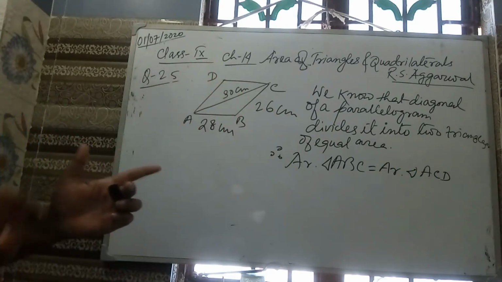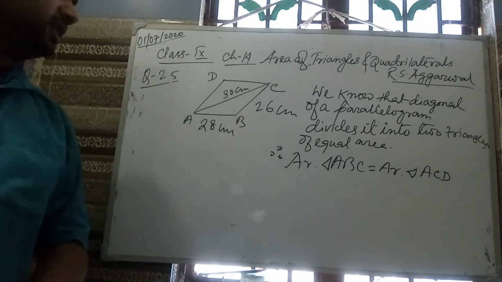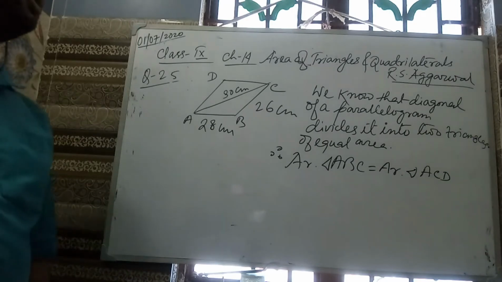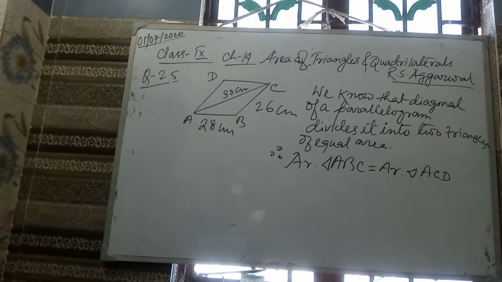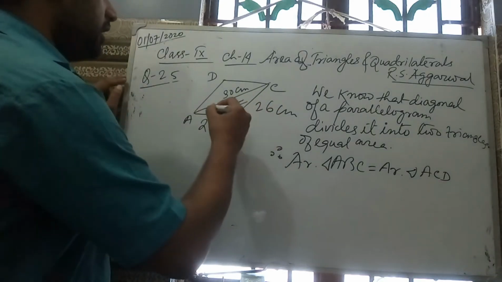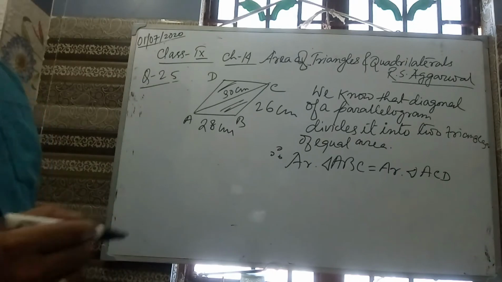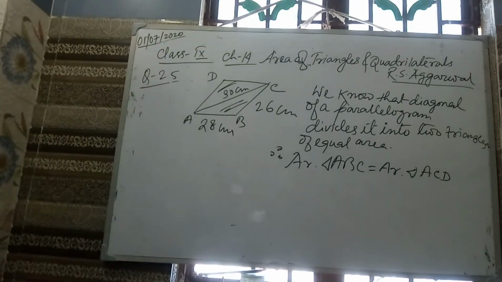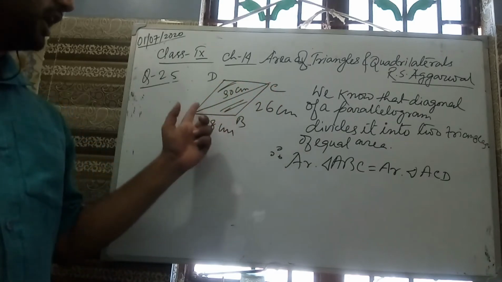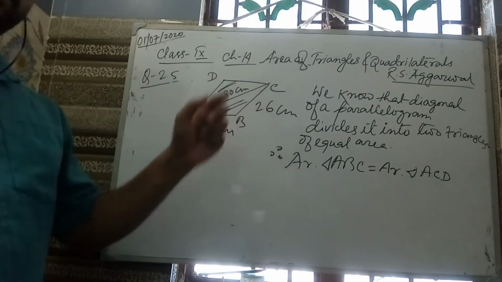In a parallelogram, diagonal AC is given 30 centimeter, AB 28, BC 26. We all know the diagonal of a parallelogram divides it into two triangles of equal area. So area of this triangle and area of this triangle, they will be equal. Now use Heron's formula to find out area of triangle ABC.